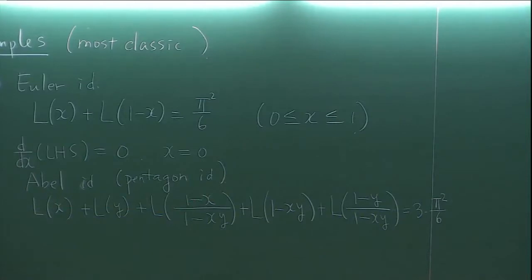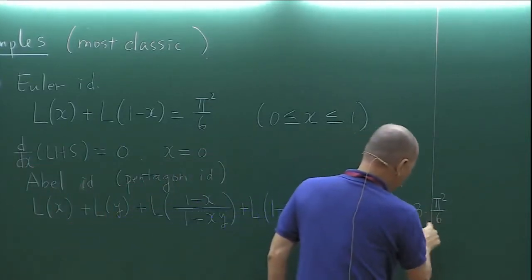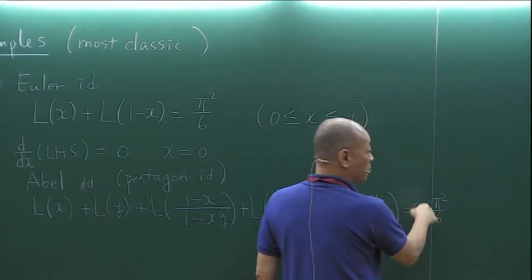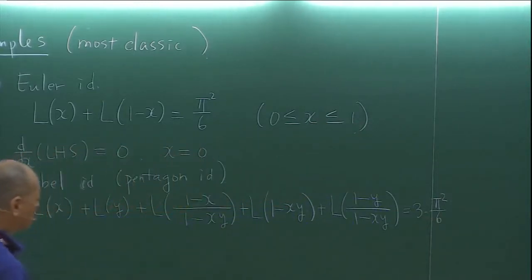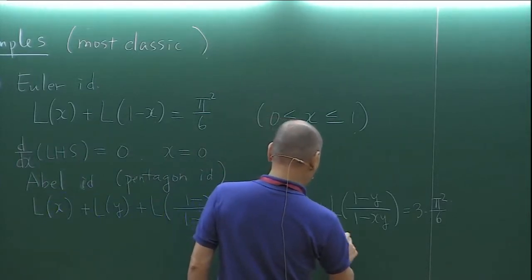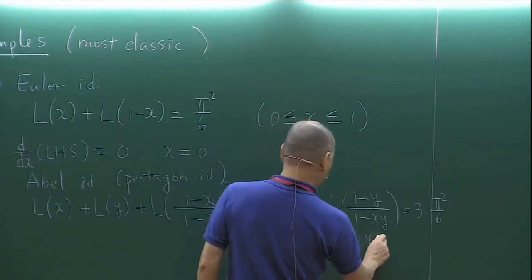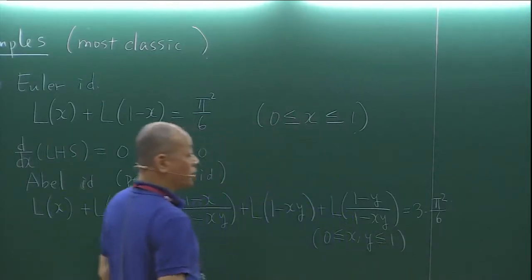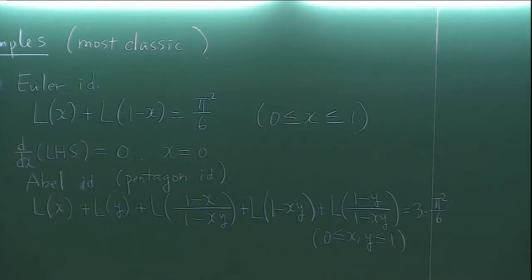Of course, you can cancel it a bit, but it's better to write this in this form. And once again, those x and y are anything between 0 and 1. So it's a functional relation.